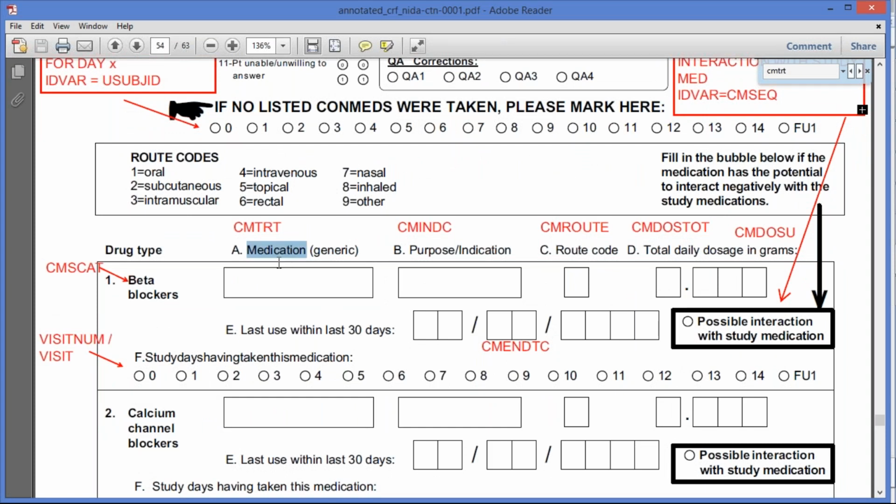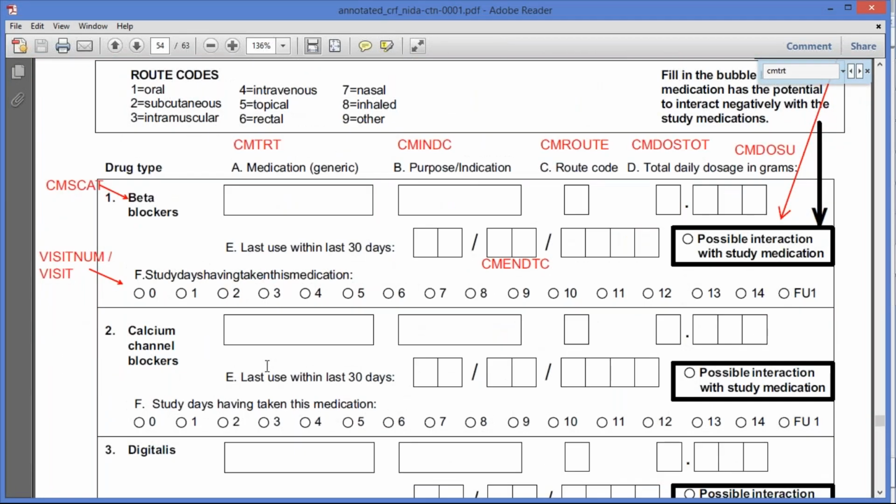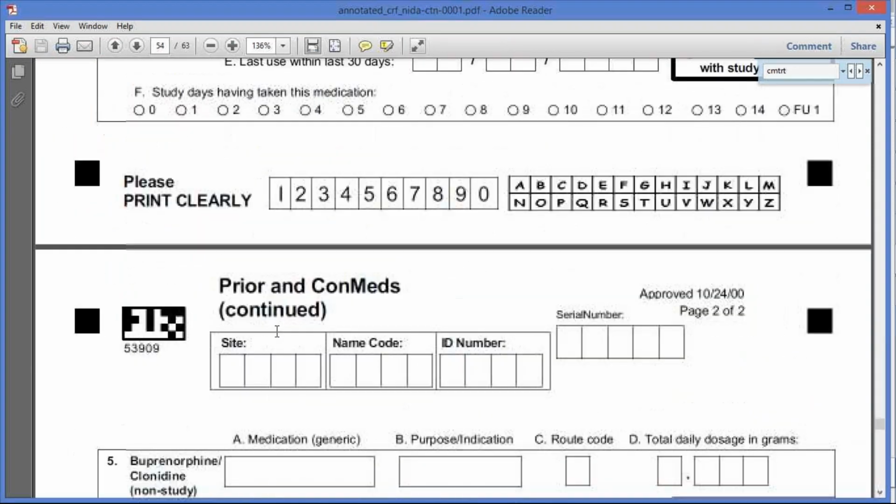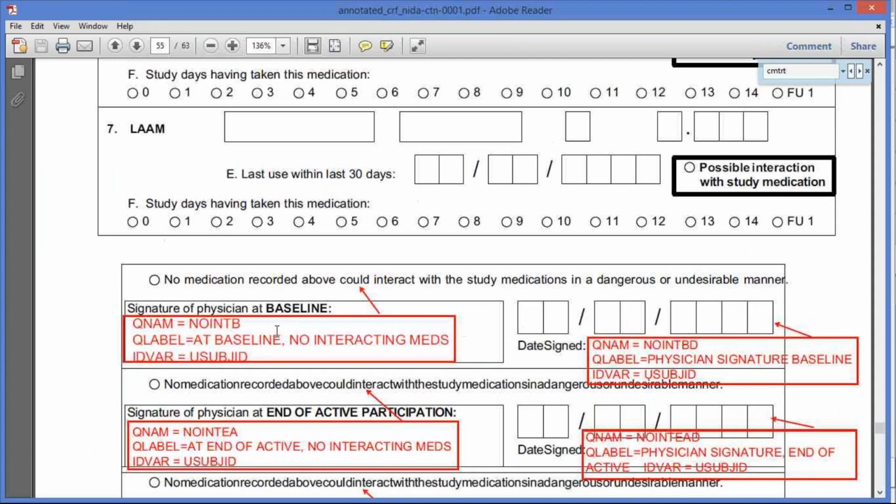So the medication name is within the bracket, the generic name. Purpose of the medication, route of administration, daily dose in grams, last date of use, on which day of the study the patient is taking this medication. Calcium channel blockers, digitalis, the tricyclics, all these you can see, methadone.